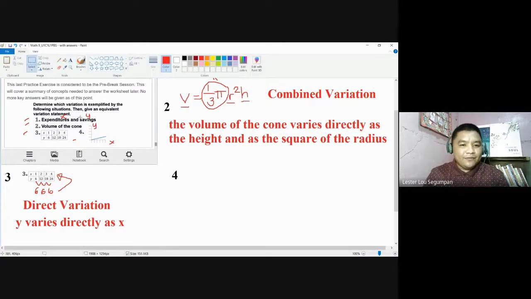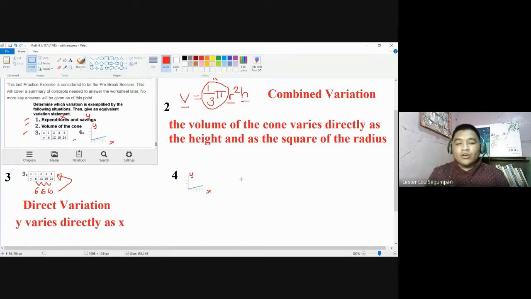For the graph, simply look at the trend of the line. If it goes up, there are only two possible options, direct and direct square, because as x increases, y increases as well. But when it goes down, we can also have inverse variation.